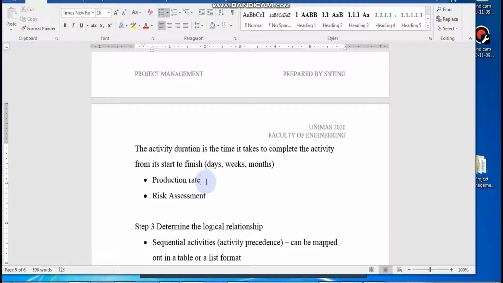Production rate is how much the resource can do in a day. So production rate is equal to quantity divided by time. If you exchange time with production rate, that means time is quantity divided by production rate, and you will get your time.